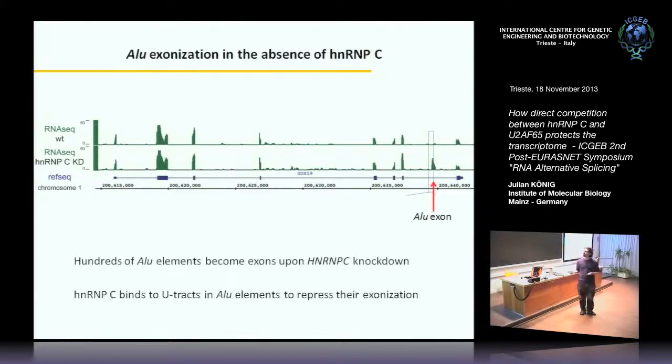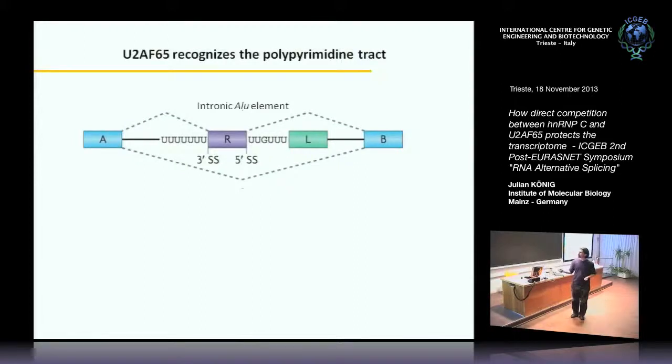To look a little more into the mechanism, you can see here again the Alu element with the two uridine tracts where hnRNPC binds. And as I pointed out before, these uridine tracts act as a polypyrimidine tract signal for these exons to be recognized.